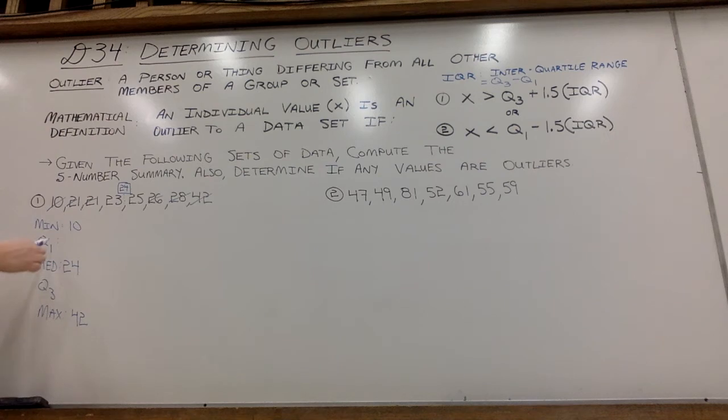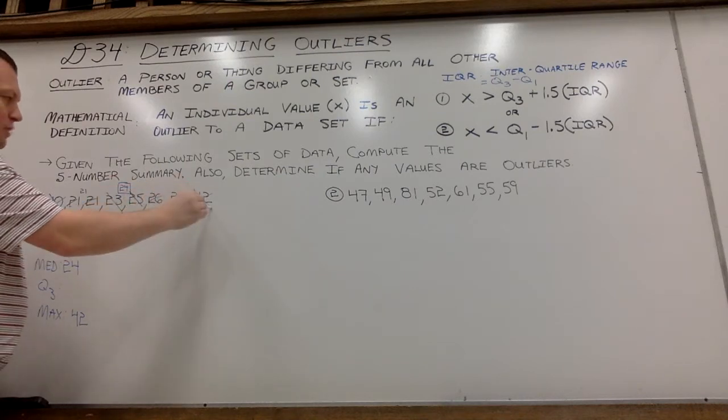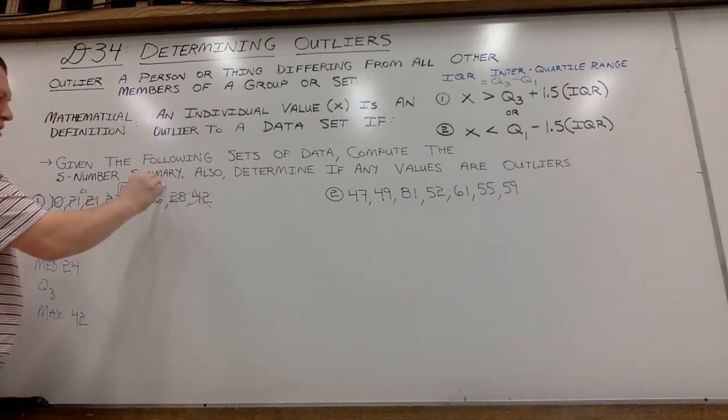I am now going to find the lower quartile, Q1, which is the median, the middle number of the lower half. So I'm going to go left of the median and cross off. Oh, I got two 21s here, so 21 is the number in between 21 and 21. And then above, I've got 25, 42, and then 26 and 28.